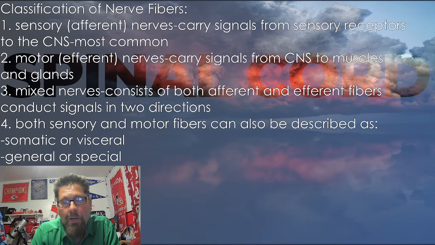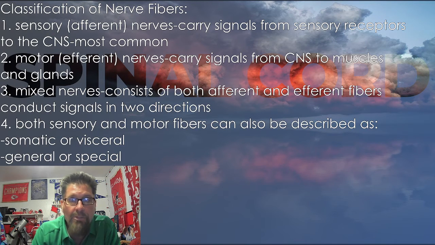If you think about mixed nerves, you think about a nerve itself: it's going to have the posterior root information, which is what's coming in, that's got the sensory information, and in the anterior root, it's got the motor information.